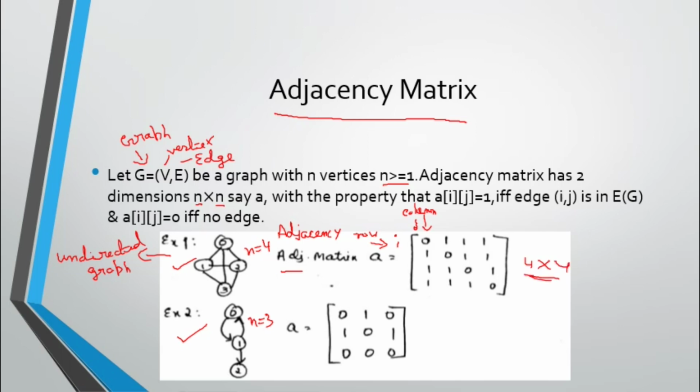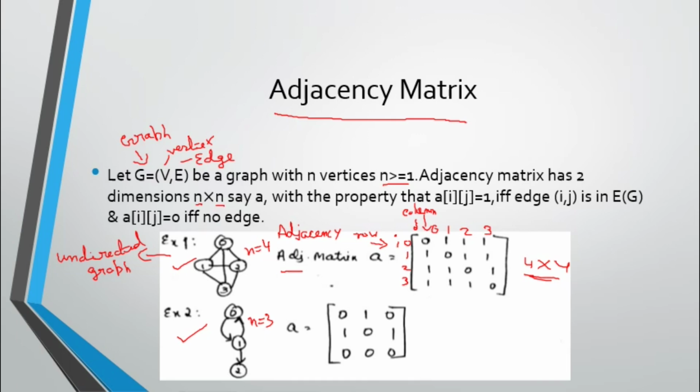What we are supposed to do is write the vertex numbers 0, 1, 2, 3 along the rows, and even here along the columns, we need to write the vertex numbers 0, 1, 2, 3. If an edge is present between 0 and 0, then you put 1. Otherwise, you write 0.